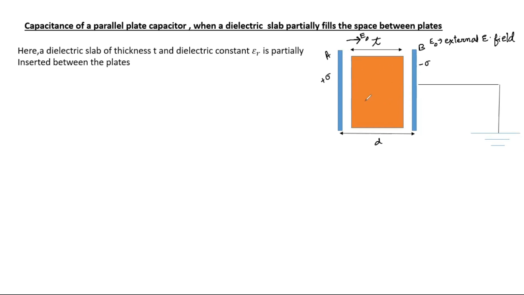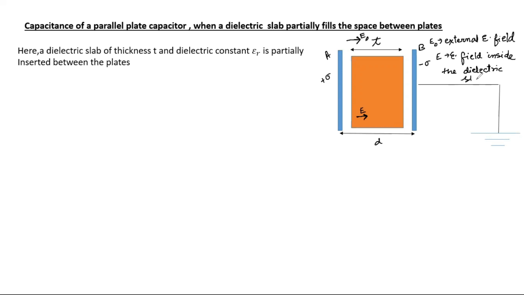Since the dielectric slab is inserted between these two plates, it experiences this external electric field. We have studied that when a dielectric slab is inserted in such an electric field, a small electric field is induced inside the dielectric, because all the dipoles align along the direction of the field E naught. So let's say that E is the electric field inside the dielectric slab.